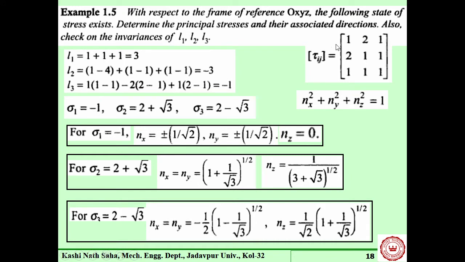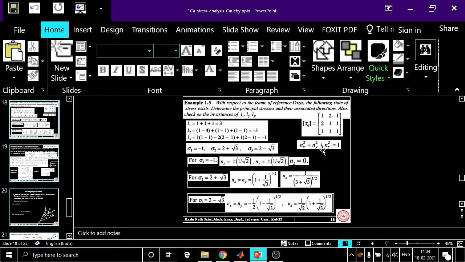As you know, to solve the principal stresses, first we need to find out the stress invariants, and from there we form a cubic equation. Solution of the cubic equation gives us the principal stresses. Okay, detailing is not shown here as such, but associated with each of the principal stresses, there is a principal direction also.